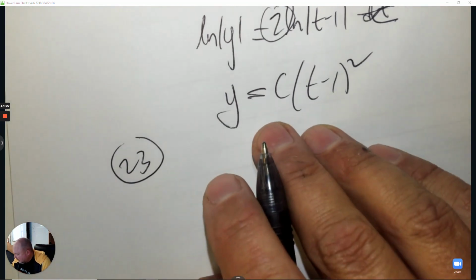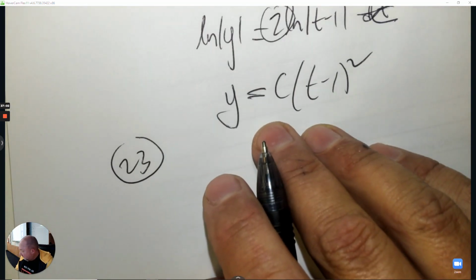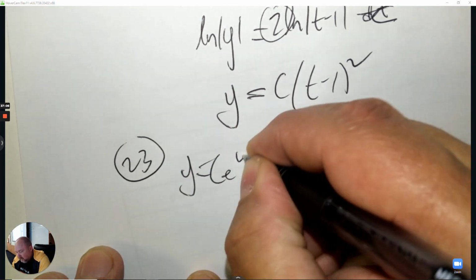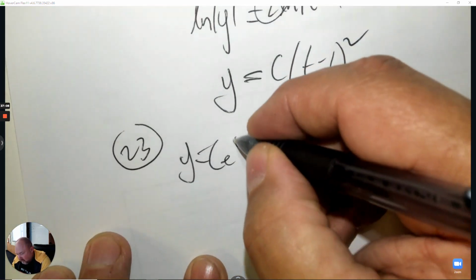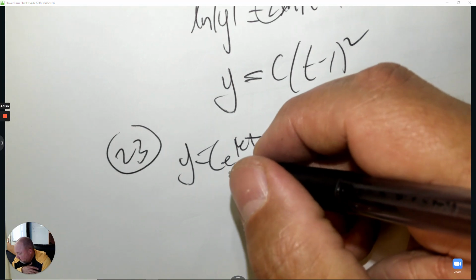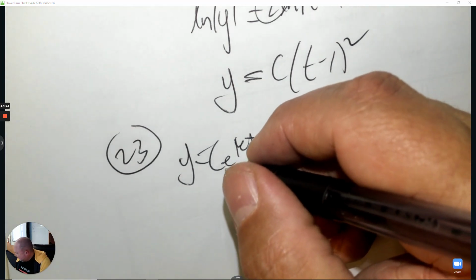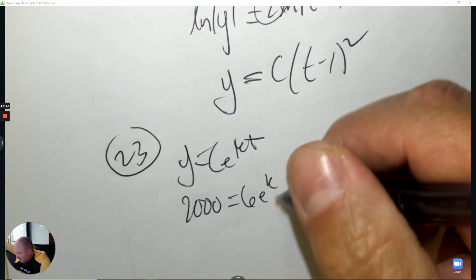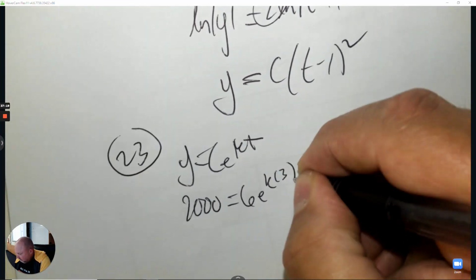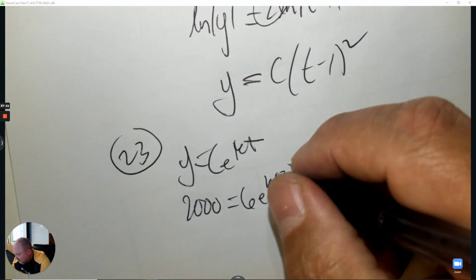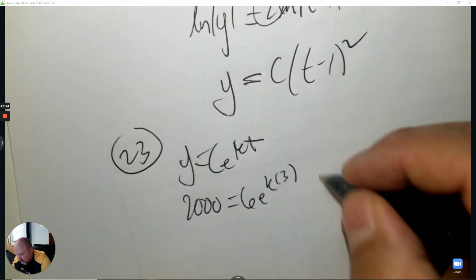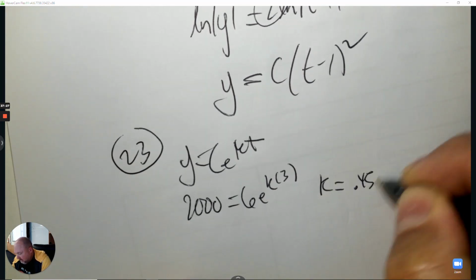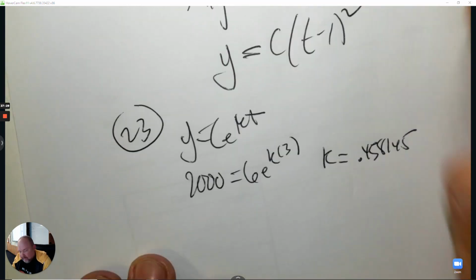The rate of growth of bacteria is proportional to the number of bacteria present. So it's this equation. Originally there are 2,000 after 3 days. Solve for k with your calculator. You get approximately 0.458145.